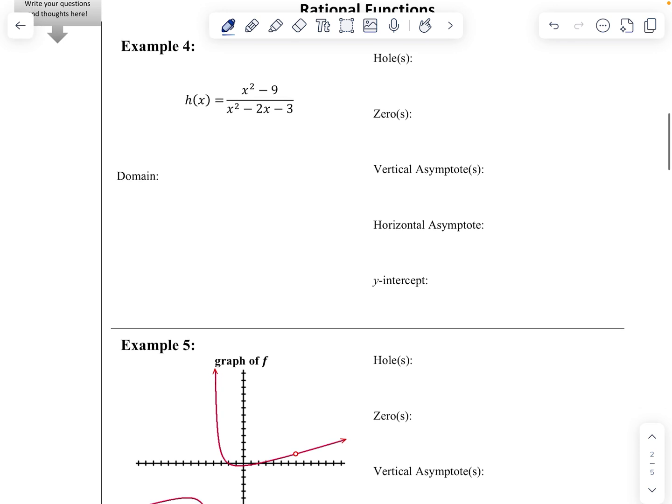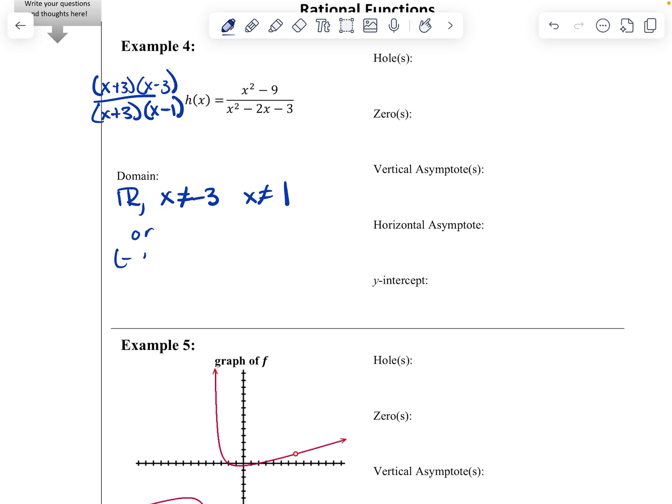So let's take a look at this next one. So the first thing we're going to do is factor everything. So we have a difference of squares. And then our bottom factors into x plus 3 and x minus 1. So our domain, again, is all reals, except we can't have a 0 in the denominator, so x can't be -3, and x can't be 1.